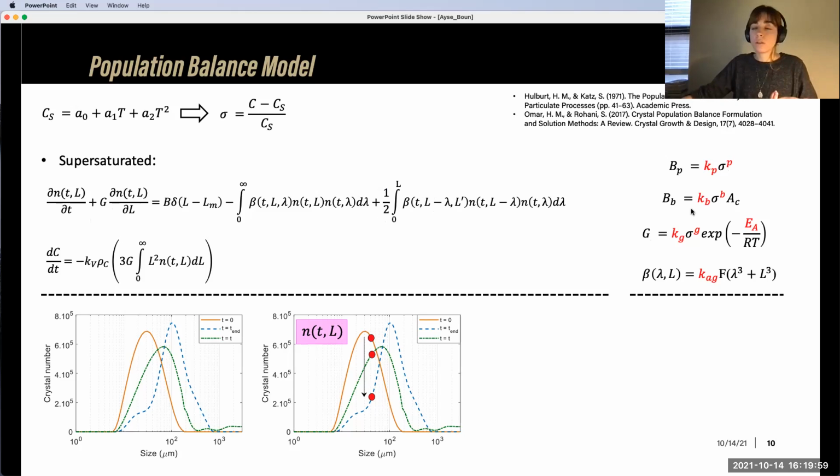You can change these equations, and most of them depend on the supersaturation, the concentration difference, which is the driving force for my system. And the red parameters are the ones that you want to estimate. Basically, those are the unknowns you find, and they are what make it a digital twin specific to your system. And this number balance is coupled with the mass balance, as you see, the dc/dt.